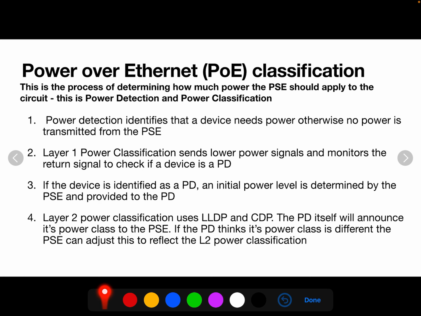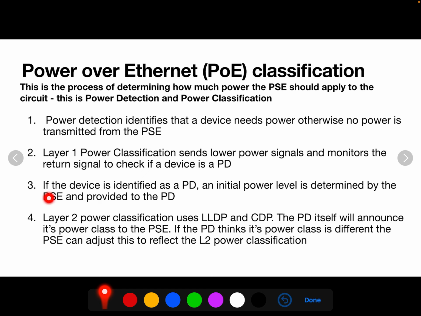You can think of that as the switch sending that low power signal. Now, if there's nothing returned, if the driver does not respond, the driver doesn't get any food. It's as simple as that. Just like here, the power sourcing equipment is basically asking if there's a power device there, does someone need power? If the power device doesn't respond, there's no power sent.